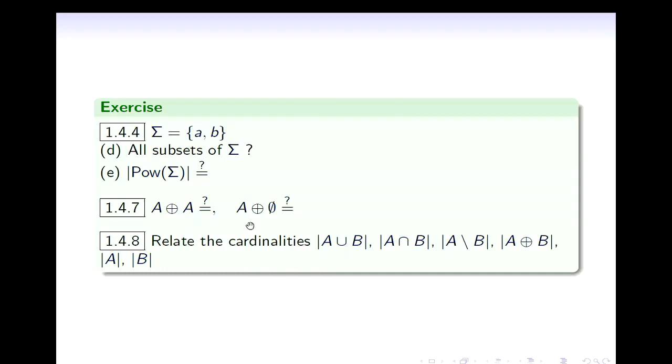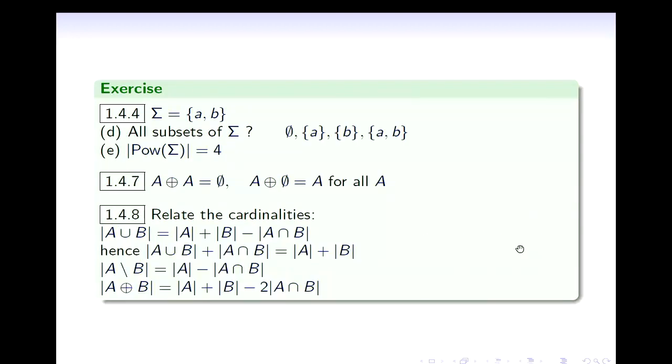There's this other exercise that asks you to relate the cardinalities, whether you can say something about the size of the intersection or the size of the union in terms of the sizes of the sets themselves, and also asks you to do that with the difference and symmetric difference. I will just show you the answer here.